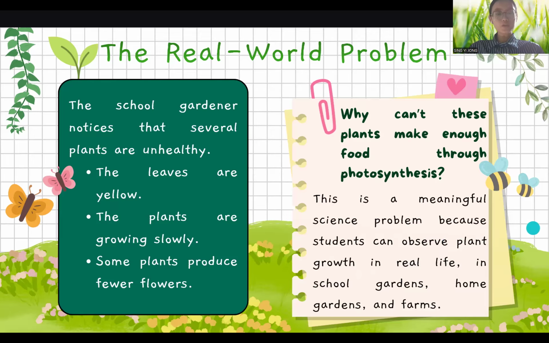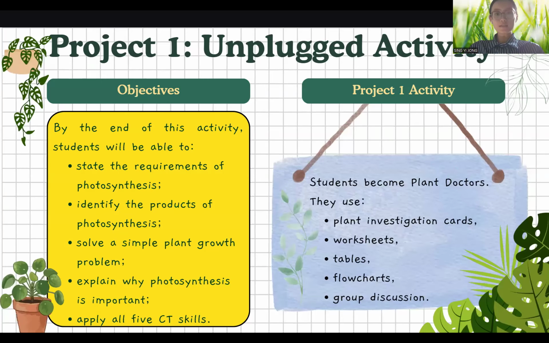Let me now introduce Project 1, which is the unplugged activity. By the end of this activity, students should be able to state the requirements of photosynthesis, identify its products, solve a simple and broad problem, explain why photosynthesis matters, and apply all 5 computational thinking skills.